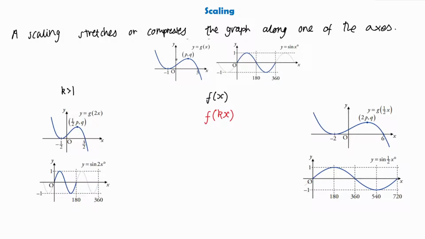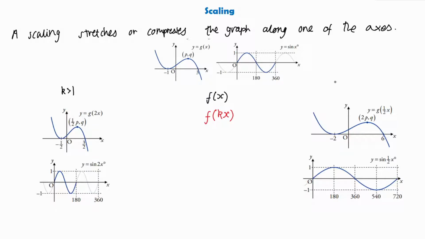If we multiply by, let's say, g of 2x, this time the graph is being compressed. The value PQ is now a half PQ. This is because we're dividing it by 2. So every point will be divided by 2. And a similar thing is going on here with the sine graph. Every x coordinate is being divided by 2.